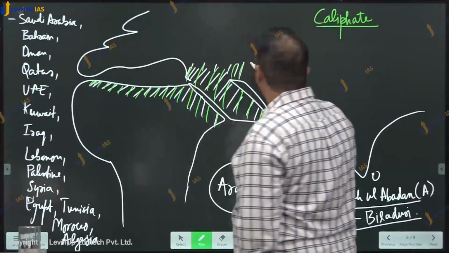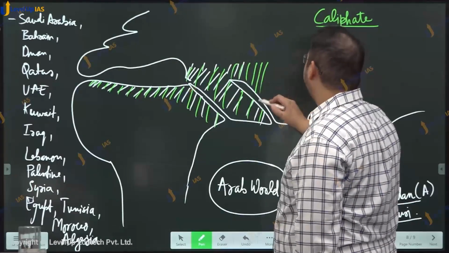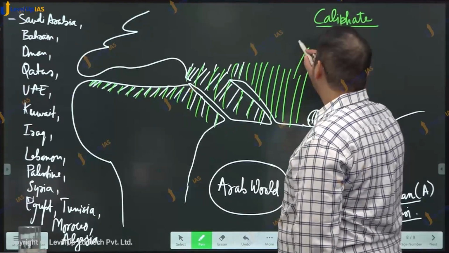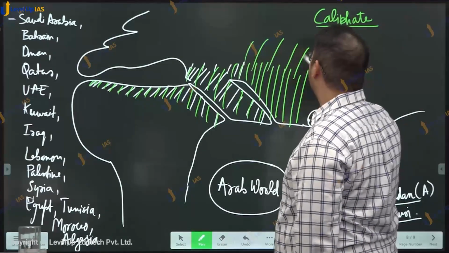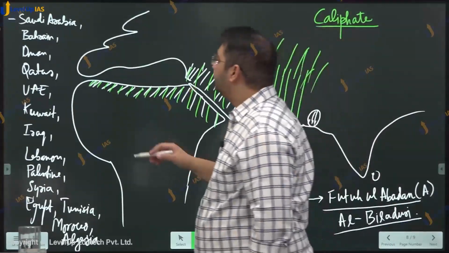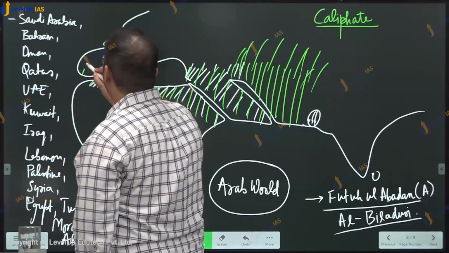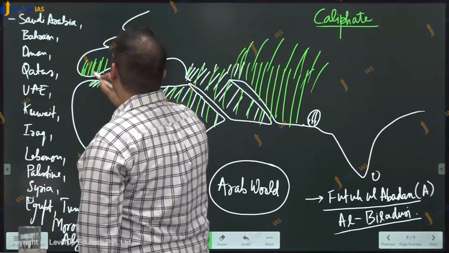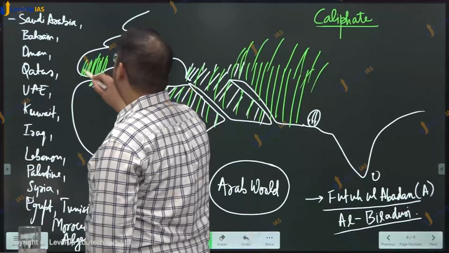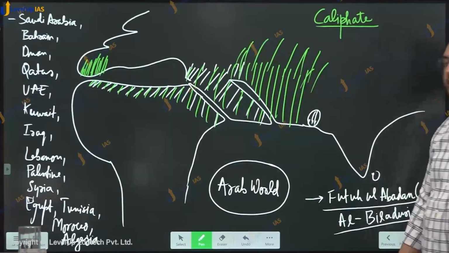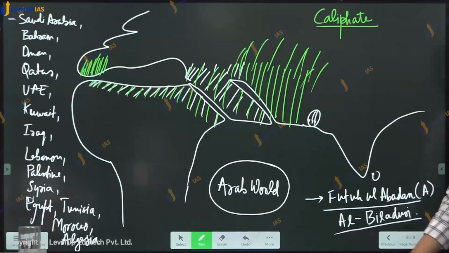Following this, large portions of Iran and Central Asia also came under Islamic rule. Islamic invaders even made inroads into Europe, conquering roughly 3/4 of the territory of Spain, and all of this happened by the end of the 7th century AD itself, right?